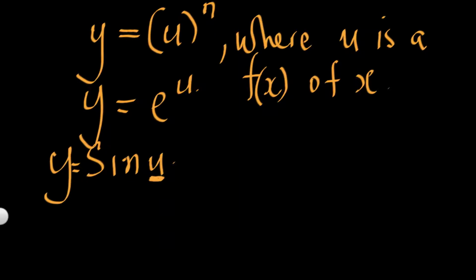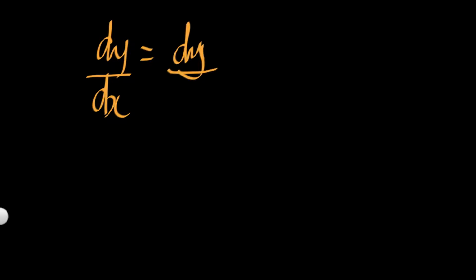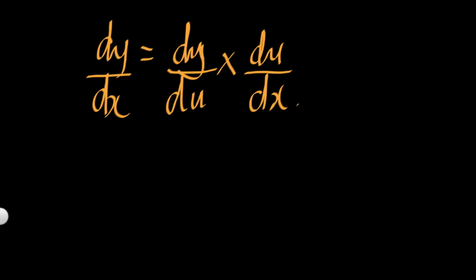If we have situations like that, the chain rule says dy dx is equal to dy du times du dx. This is the chain rule formula. So if you go on your formula sheet and you see a formula like this one, it is representing the chain rule.